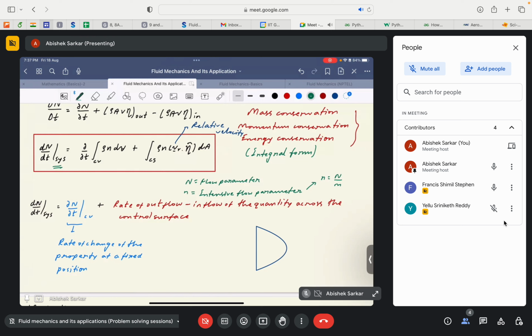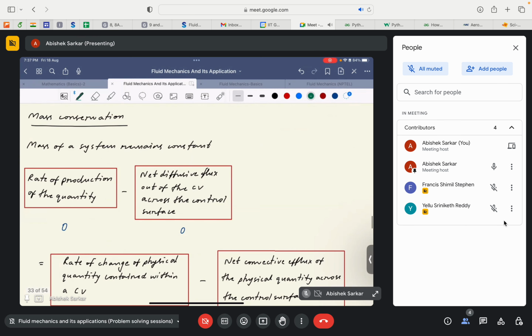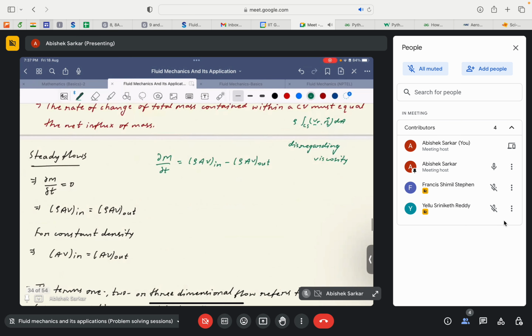I guess this effect also I was able to clarify, like why this regarding viscosity helps in simplifying the term to rho AV. If it is constant, the velocity will just come out, and it will basically be the integral of the area.